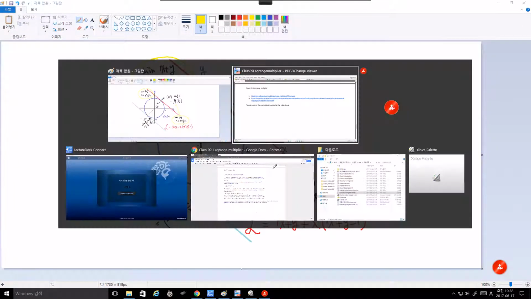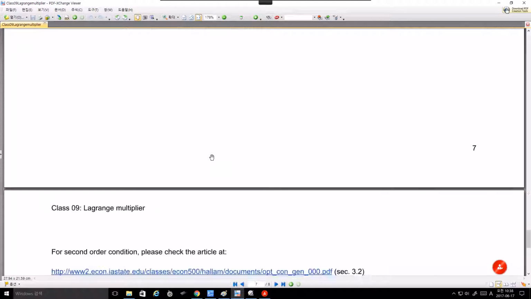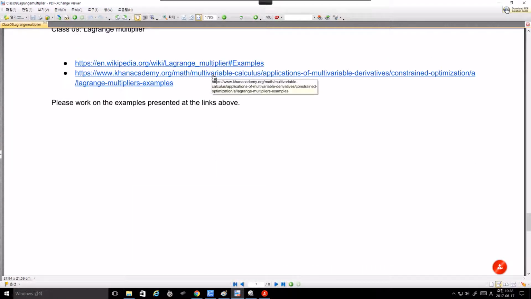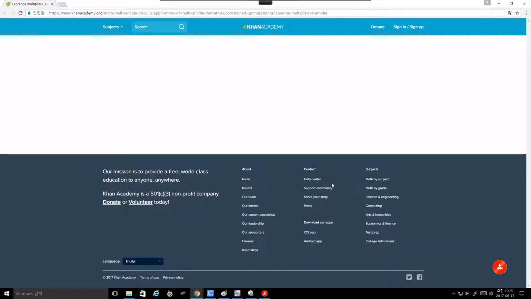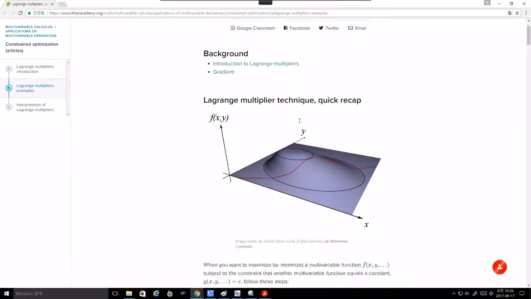This is enough. Let's take a look at the second example in Khan Academy. Let's click this one. We have another very good explanation over here.